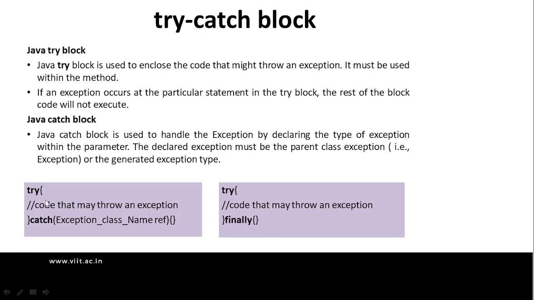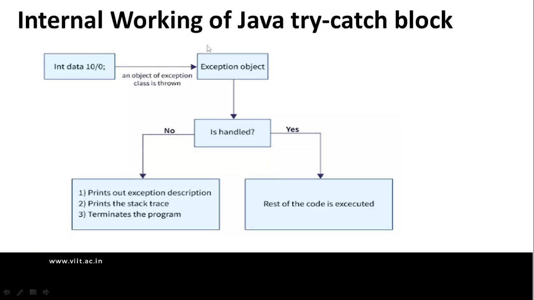You can have try catch finally in this sequence also. So the internal working of try catch block: for example, int data equal to 10 by 0, an object of the exception class is thrown, is the exception handled? If not, print the exception description and stack trace and terminate the program. If it is handled, then the rest of the code is executed.